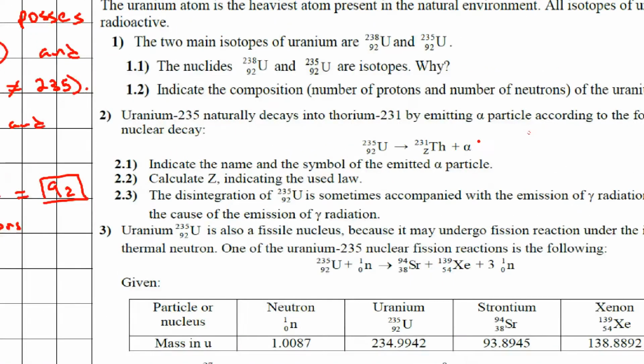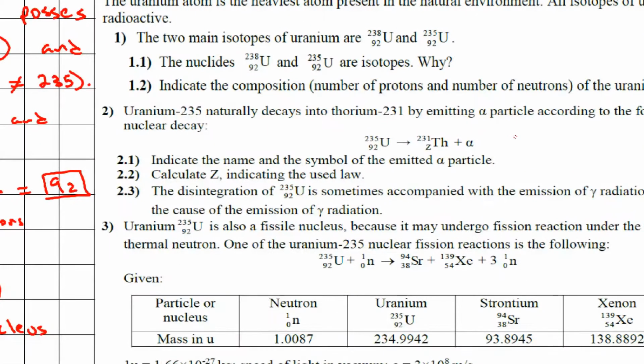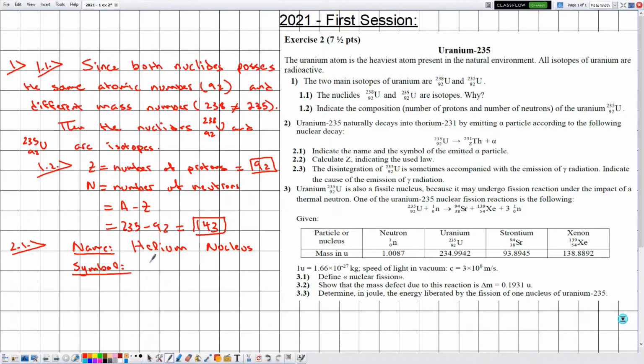We know that the alpha particle is the helium nucleus. Whereas the symbol of this particle is important because it allows us to complete this decay. This is given by He 4 2.